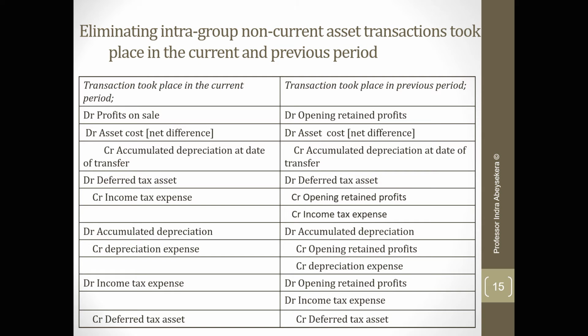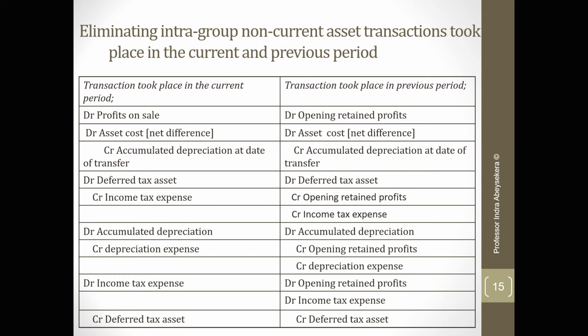The second transaction is the tax effect. Current period, debit deferred tax asset, credit income tax expense. For the previous period, debit deferred tax asset for 2 years, 2 periods, credit opening retained profits because that income tax expense has become opening retained profits, and credit income tax expense for the current period.